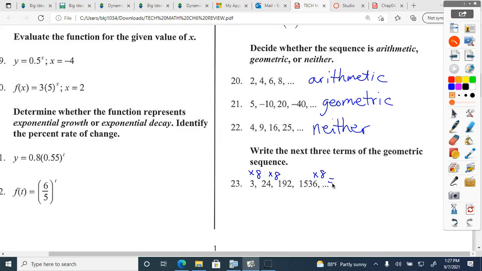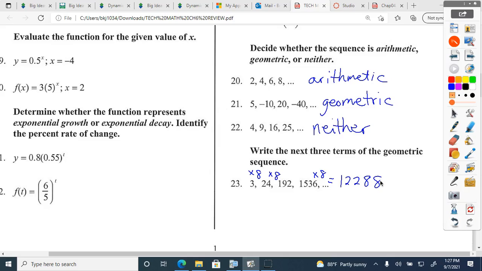Y'all tell me. 1536 times 8? I'm good, but ain't that good. 6 times 8. That can't be right. Okay, that's better. 12,288.